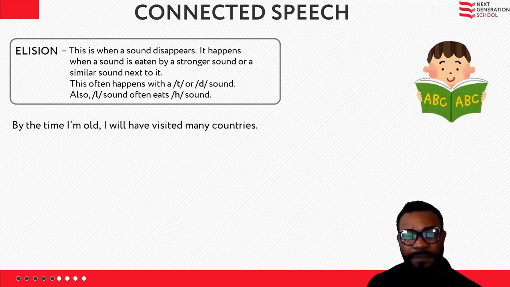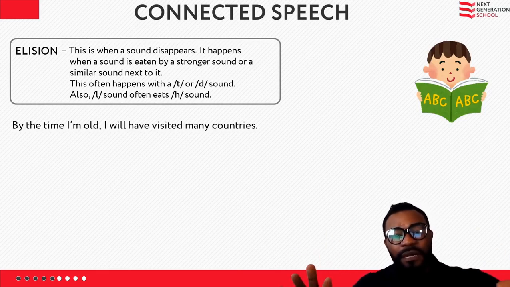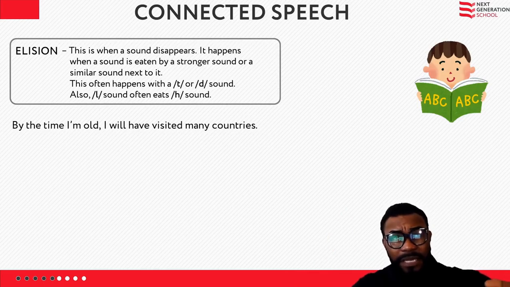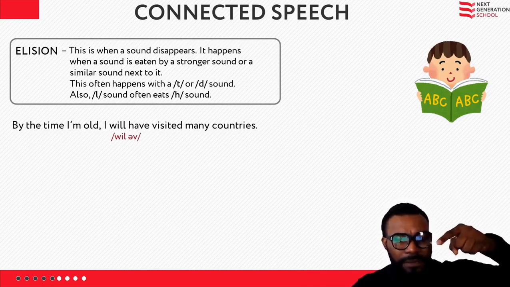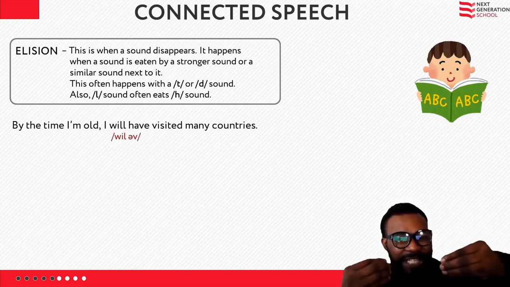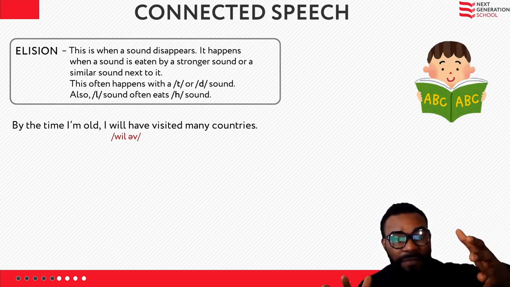Here we have a sentence. By the time I'm old, I will have visited. So I don't say "I will have." Why? Because L eats "ha." So we're left with "will have."